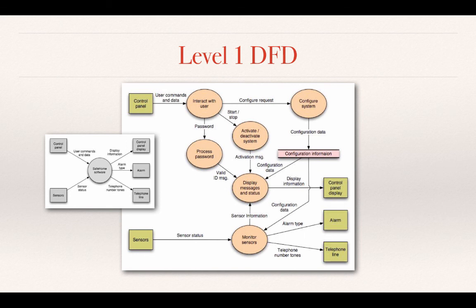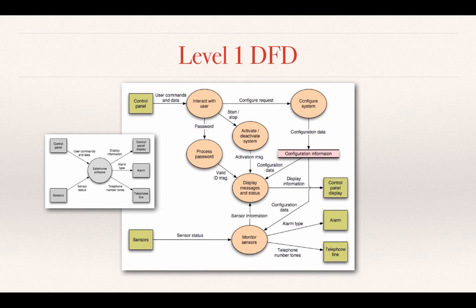The inputs and outputs to and from this bubble all begin and end with external entities. Since we're refining the bubble, every new process and every new data store in the level 1 diagram is inside the system process in the level 0 diagram.